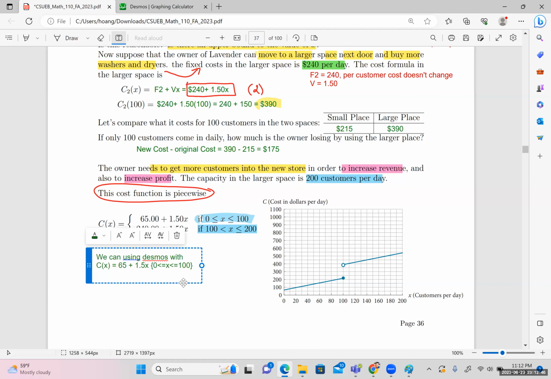And the second one could be another C of x with 240 plus 150x. So make a requirement that 100 is less than x, less than or equal to 200.